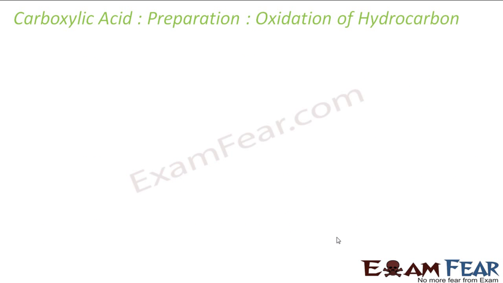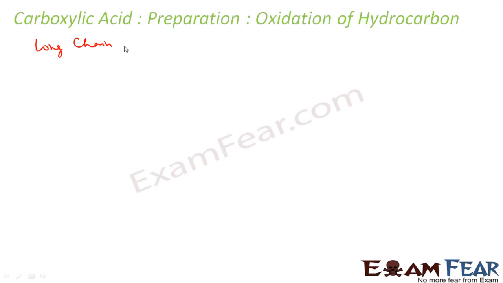The next is oxidation of hydrocarbons. So we can also prepare carboxylic acid by oxidation of hydrocarbon at a very high temperature. So you take a very long chain aliphatic hydrocarbon and then you use catalyst manganese stearate also at a very high temperature, 400 Kelvin, and you need oxygen, you'll get carboxylic acid. There is no reaction mechanism for this, but it is something like this.